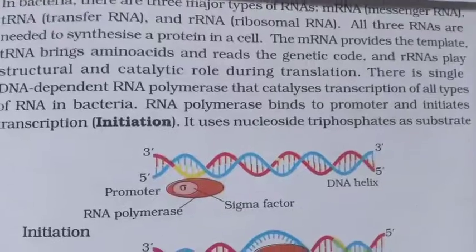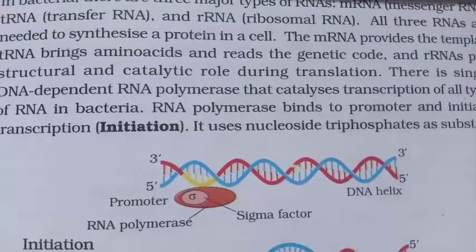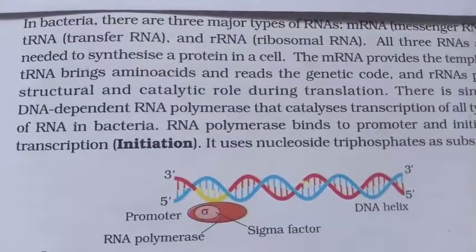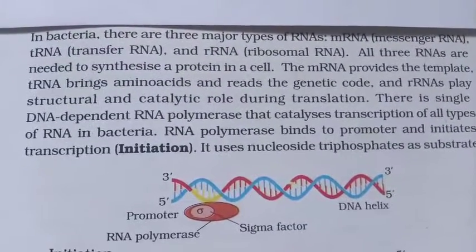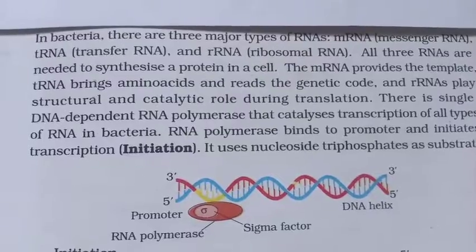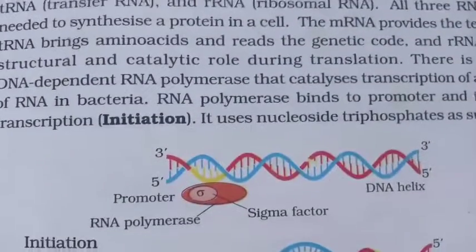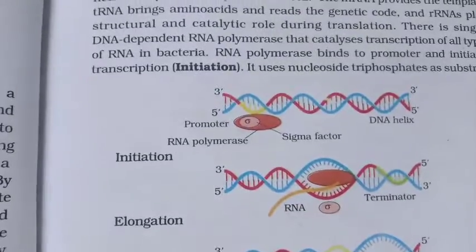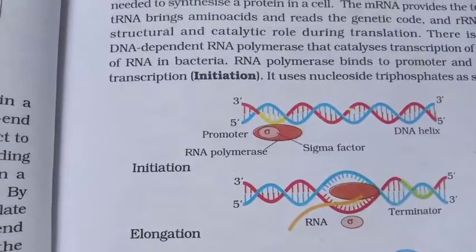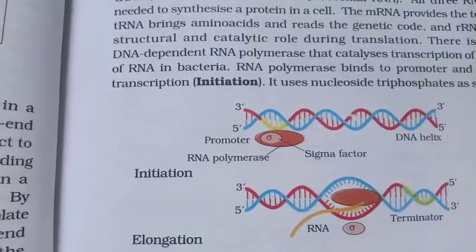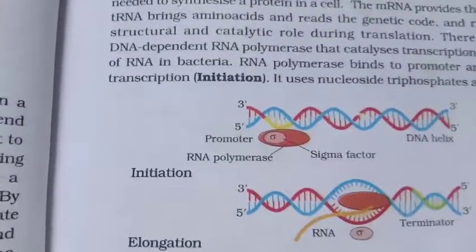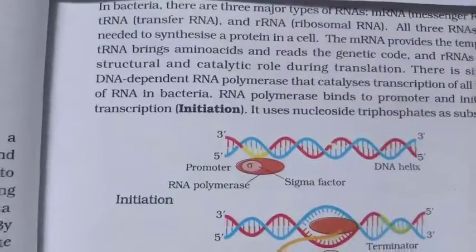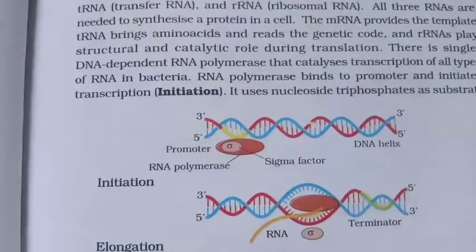Here you can see RNA polymerase. It binds to the promoter site and initiates transcription, and then this transcript is elongated, and finally it gets terminated and the RNA is formed.